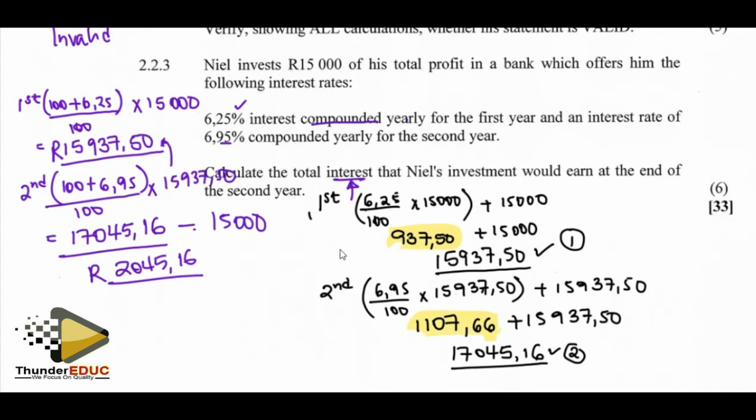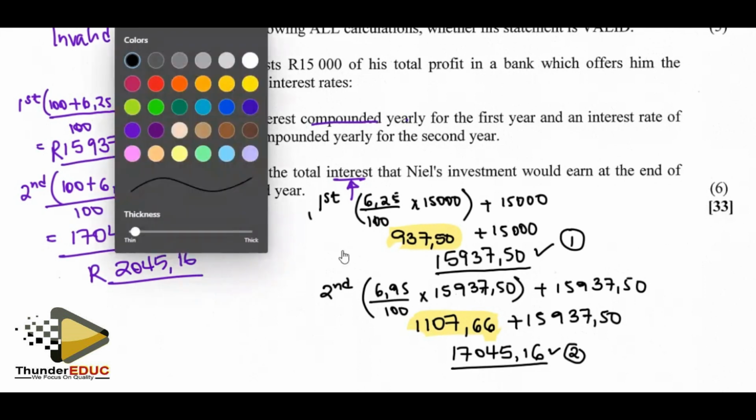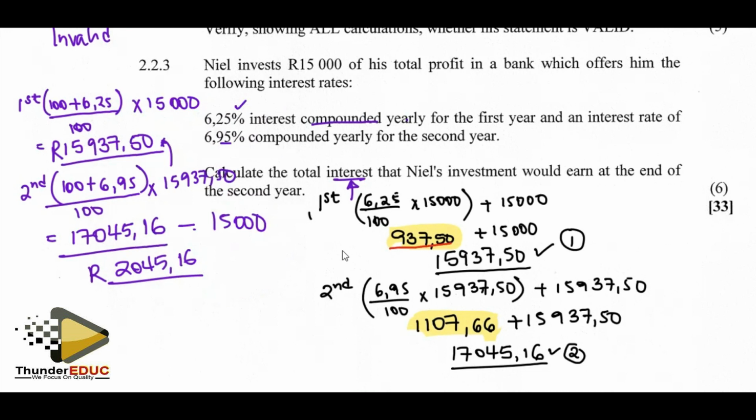So what you're going to do, interest will be 937.5 plus 1107.66.